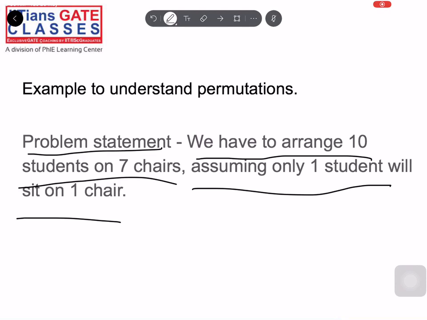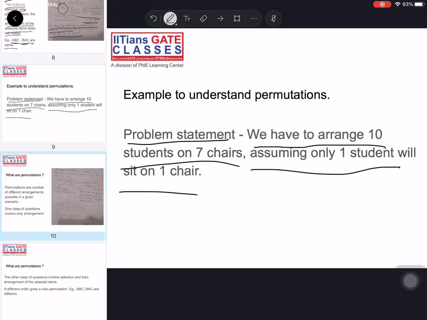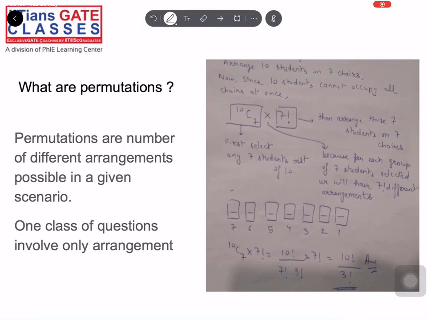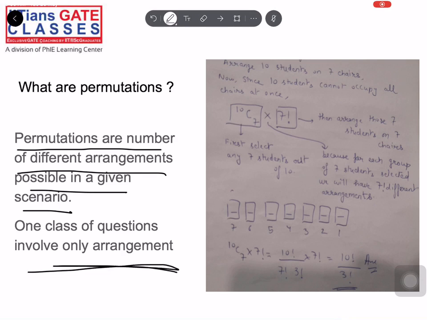Now let us formally define what a permutation is. Permutations are the number of different arrangements possible in a given scenario, like the scenario we just discussed. This has two classes of questions. One class involves only arrangement, meaning selection might have been done for you.